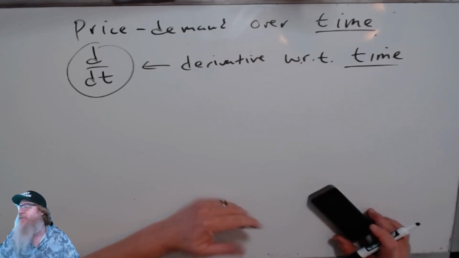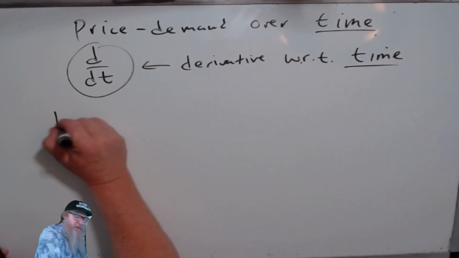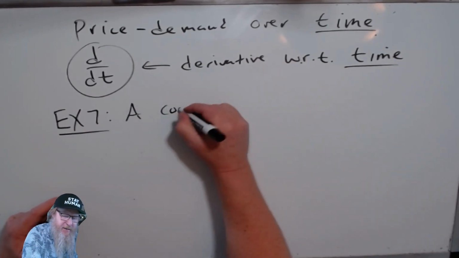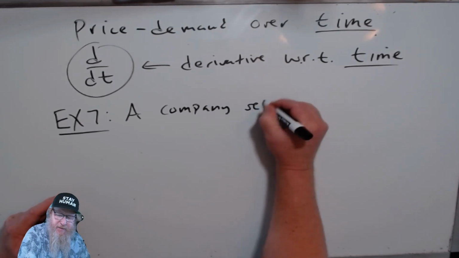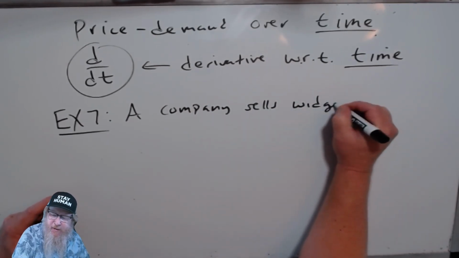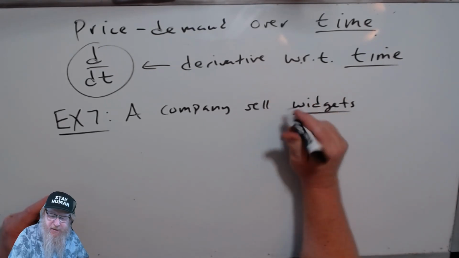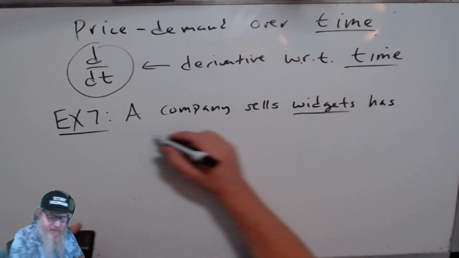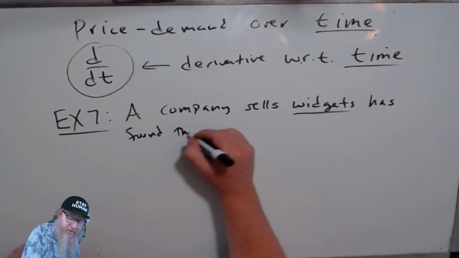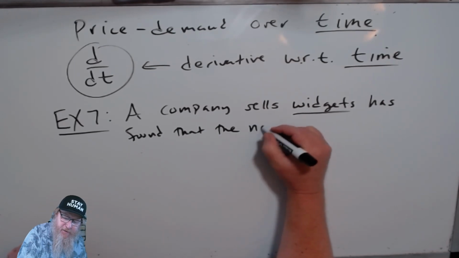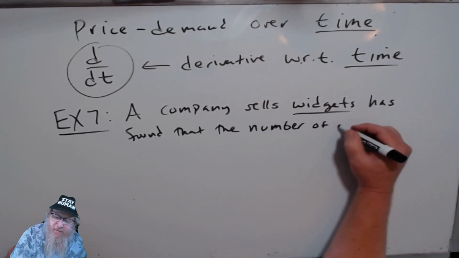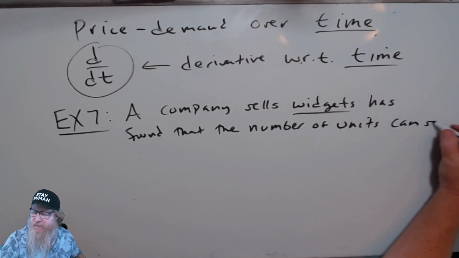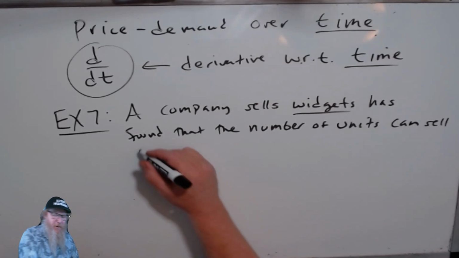So let's just start with an example. Example 7. A company sells widgets. Sorry, I'm back to just generic names for things, and has found that the number of units they can sell depends on the price.